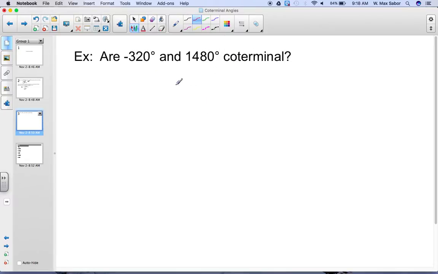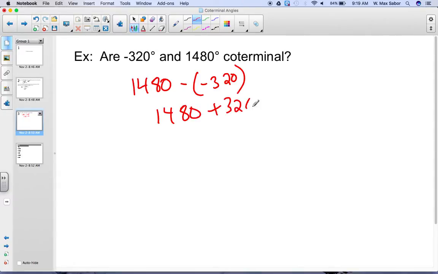Well, the easiest way is to say, let's write these. We'll find the difference between these. This would be 1480 plus 320. Add these together and get 1800. It's not 360, but is it a multiple of 360?